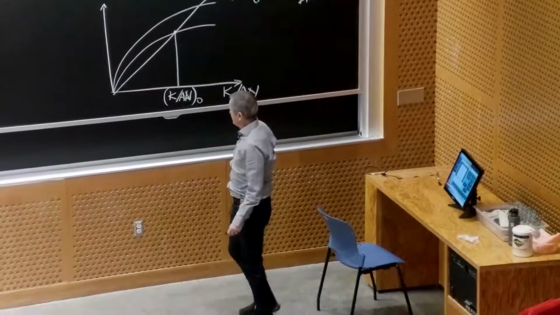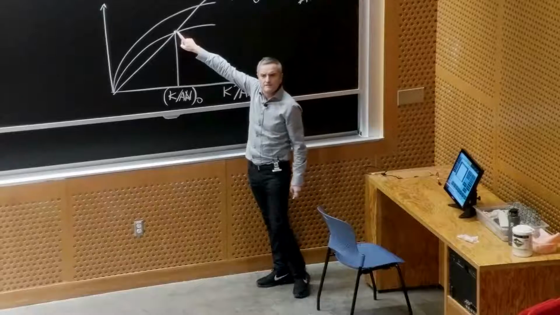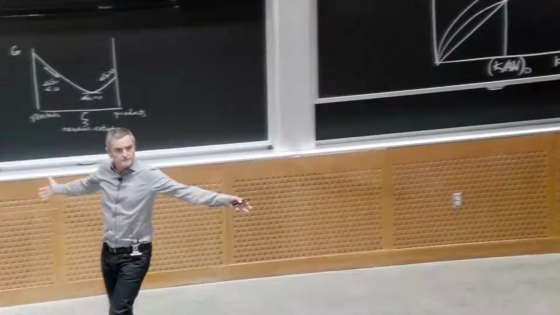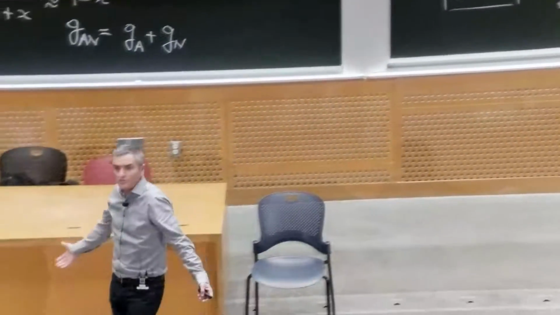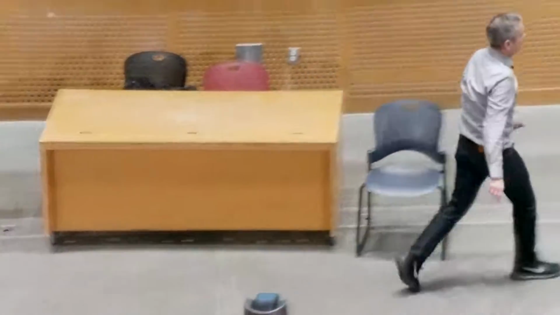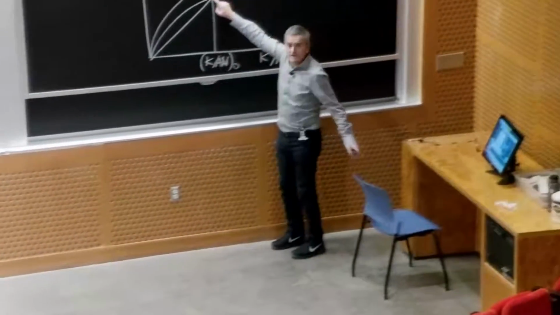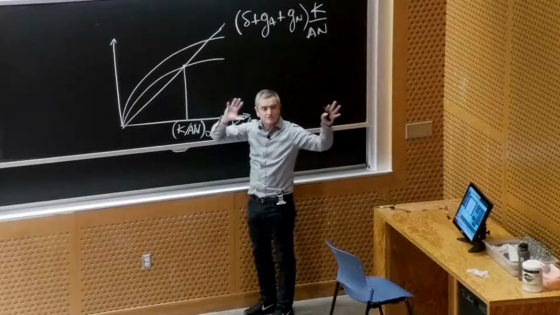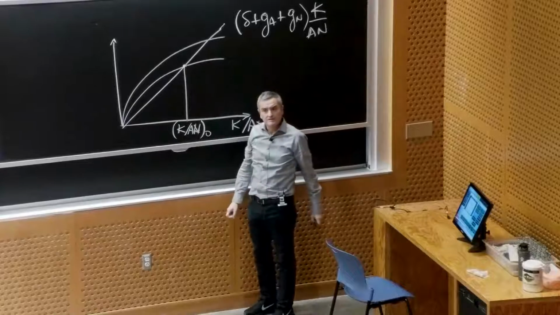So the question, first, suppose we're at the steady state. Is output constant there? I mean, it's a steady state. Here we know that investment is exactly how much we need to maintain the stock of capital per effective worker constant. That's what the steady state means.